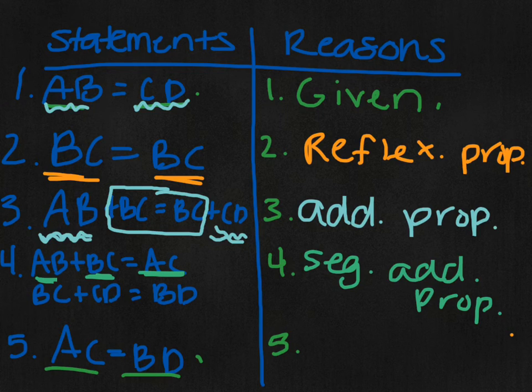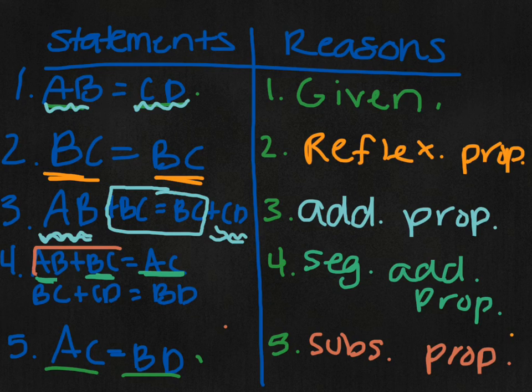And then the last step, even if you don't know what it is, your last option is the substitution property. Okay. Make sure you put an S after the sub so we don't think you're thinking subtraction. So now, the reason why is because AB plus BC is equal to AC. Okay?